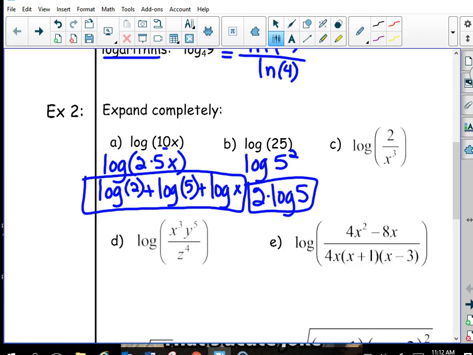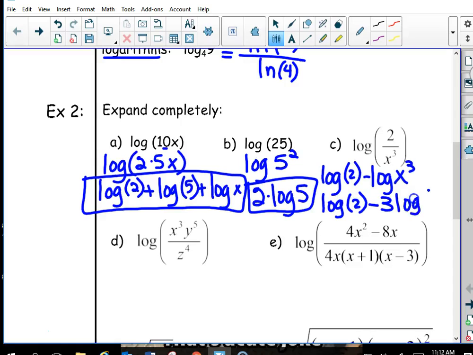On C, we have division, which we turn into subtraction. So let's just start by writing log of 2 minus log of x to the third, and it is expected that you change those exponents to multipliers. So the final answer is going to be log of 2 minus 3 log x.